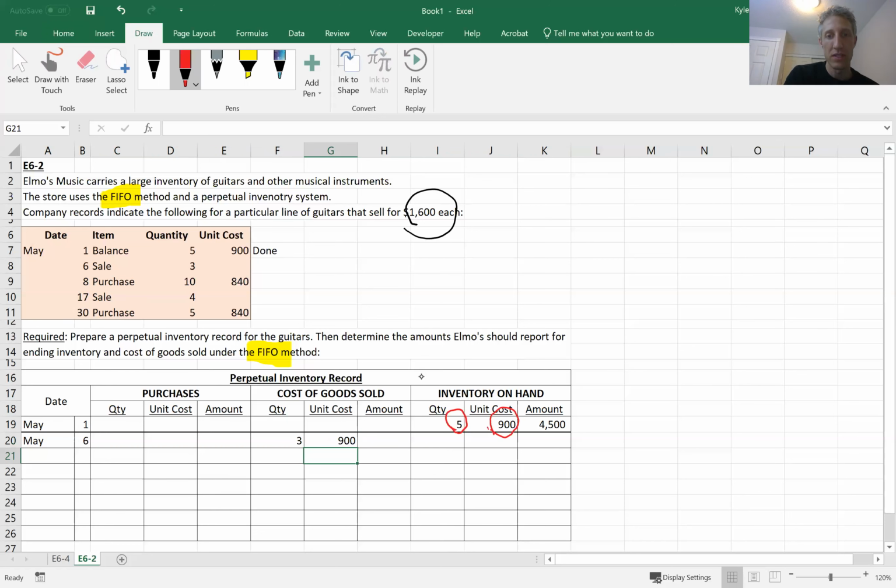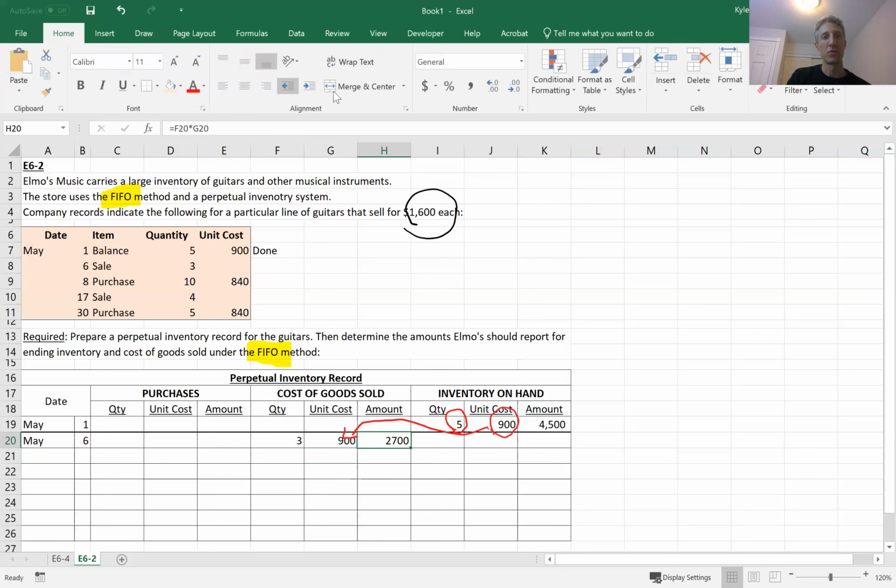We're going to use this 900 in calculating our cost of goods sold. Remembering, this is our cost, not the cost to the customer. So the total cost of goods sold for Elmo's Music is $2,700.